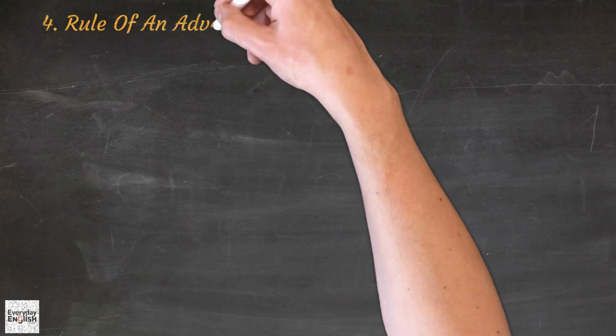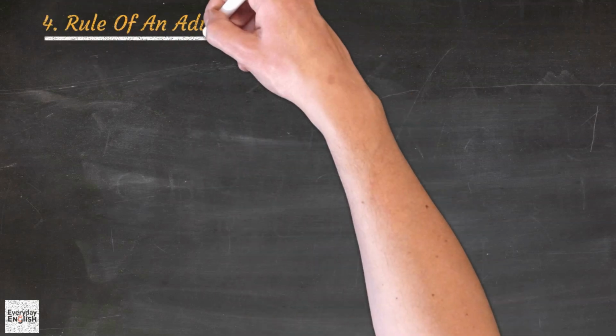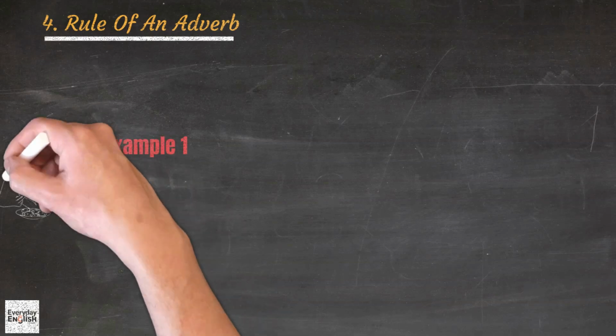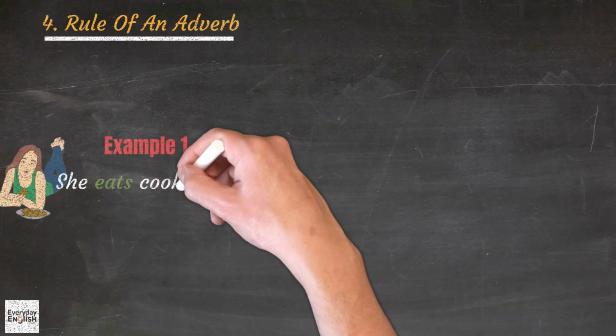Rule of an adverb. Let's look at these two examples. She eats cookies too slowly.